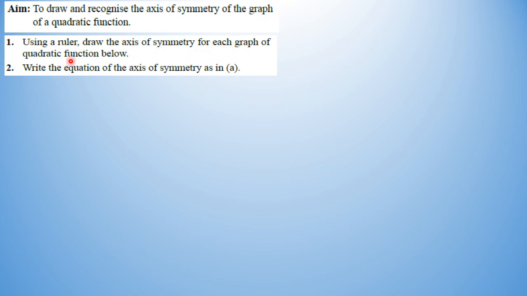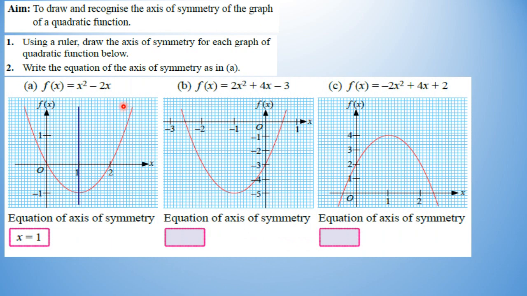The first step is, using a ruler, draw the axis of symmetry for each graph of a quadratic function below. Second, write the equation of the axis of symmetry. So we look at a few examples. The first one already has the answer. This one is the minimum point, so we draw the axis of symmetry, which passes through 1, so x equal to 1 is the equation of the axis of symmetry.